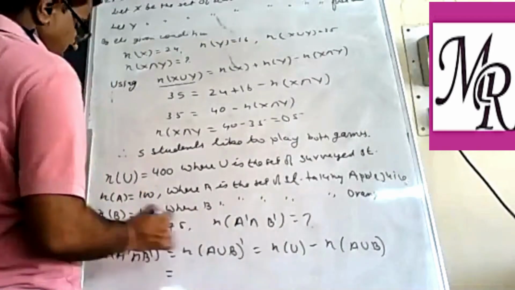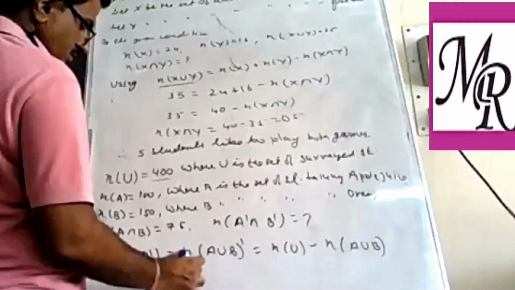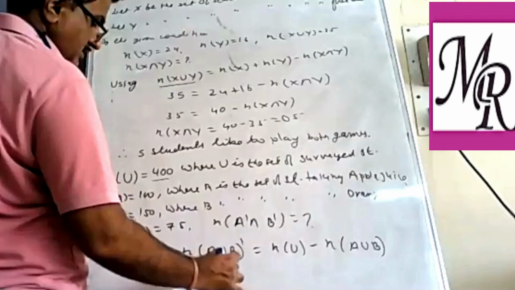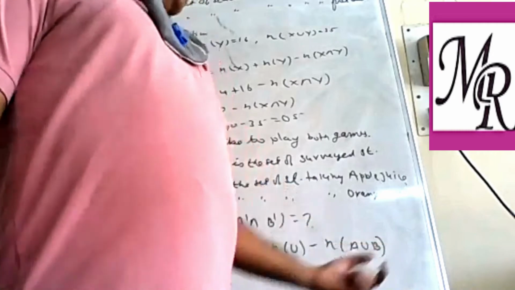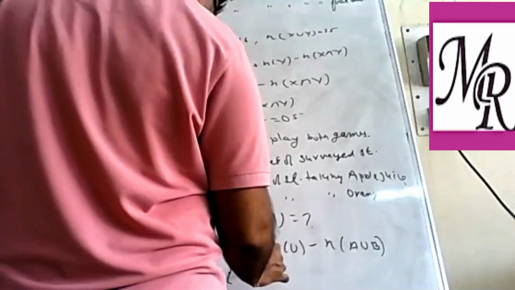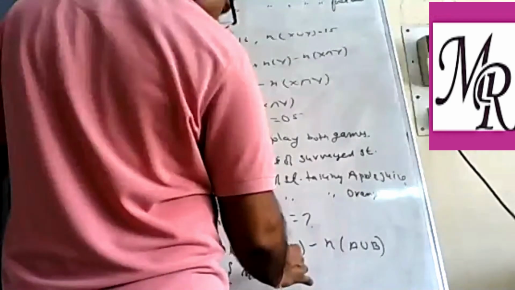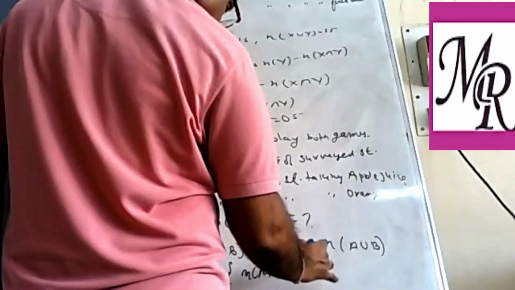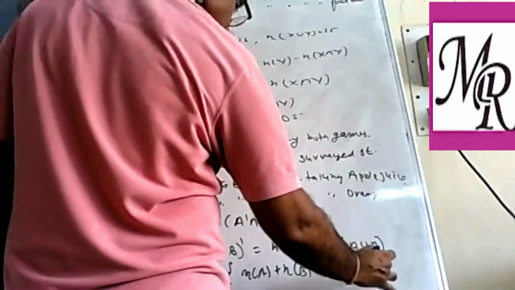Already this value is given, n(U) is 400, minus, now use the formula of A union B, that is number of elements in A plus number of elements in B minus number of elements in A intersection B.